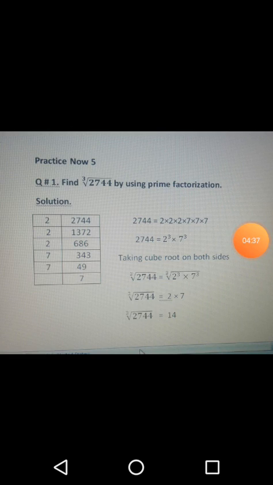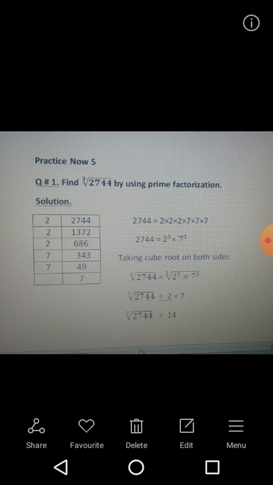Now you are able to solve the cube root of any number. Here is the practice now: finding the cube root of 2744 by using prime factorization.